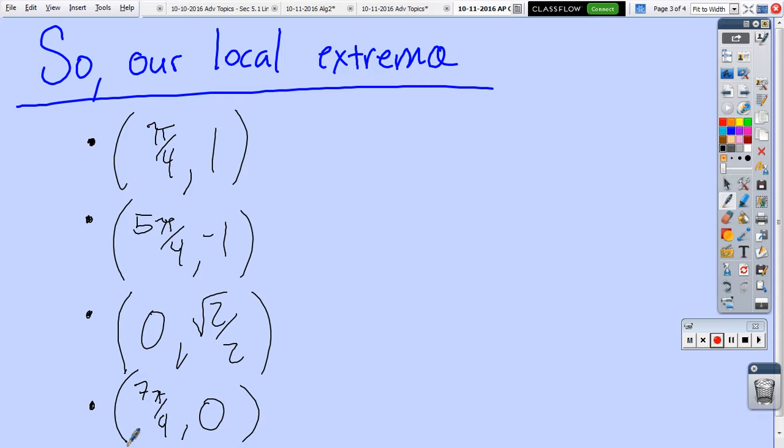Let's see, they said maximum value, minimum value, and then they talk about a local min and a local max. But the maximum value, the absolute max, would occur at, this is a little bit more than 1/2, but not quite 1, so this is the absolute max. And then of all these, of course, this one's the absolute min.